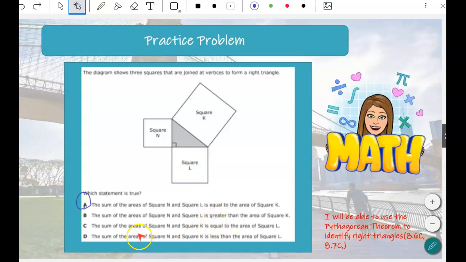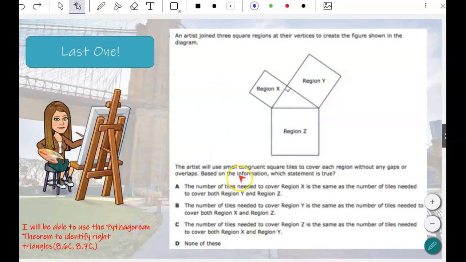Nope, it's equal. And C, the sum of the areas of square N and K is equal. No, not the K, these two are equal to this one. And D, the sum of the areas of square N and square L or K is less. Not true.